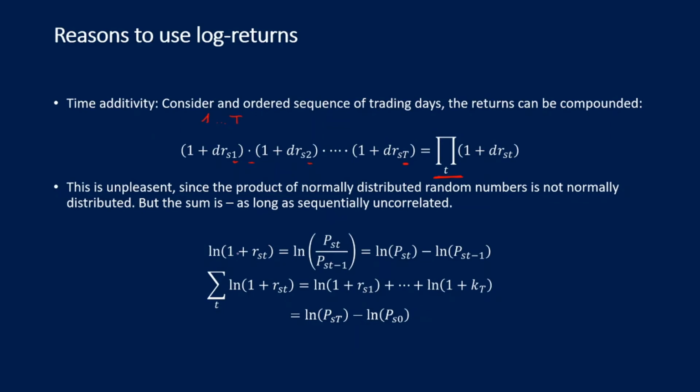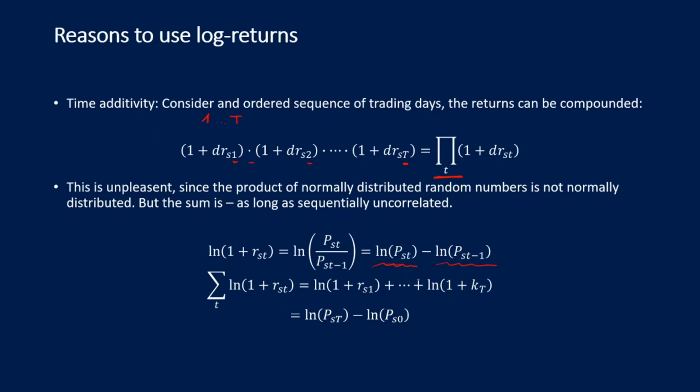It means if we calculate the logarithm of 1 plus the log return, that is mainly the logarithm of the price today divided by the price yesterday, we can put this as the difference. We already know that as the difference between the log price today minus the log price yesterday.